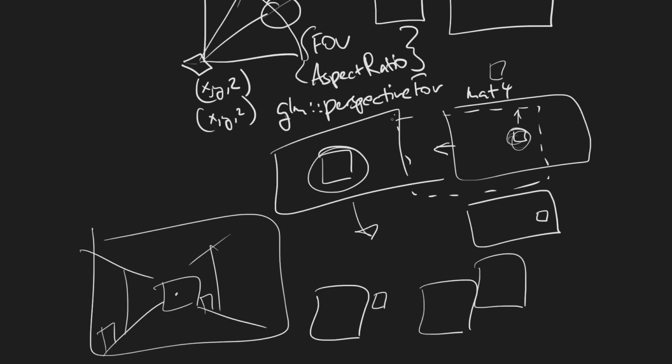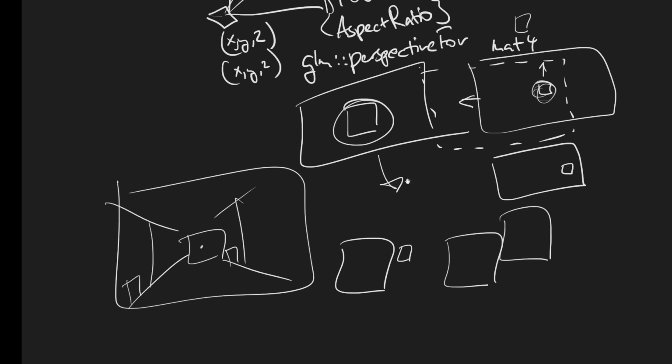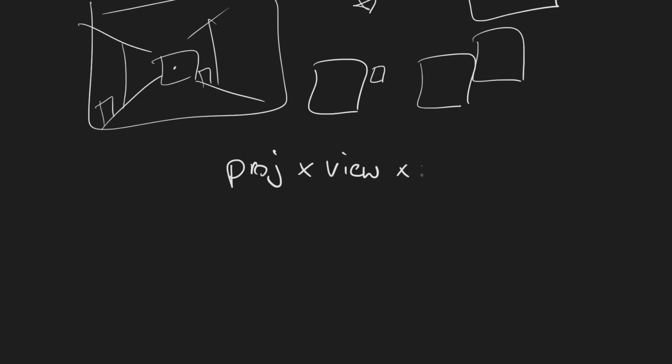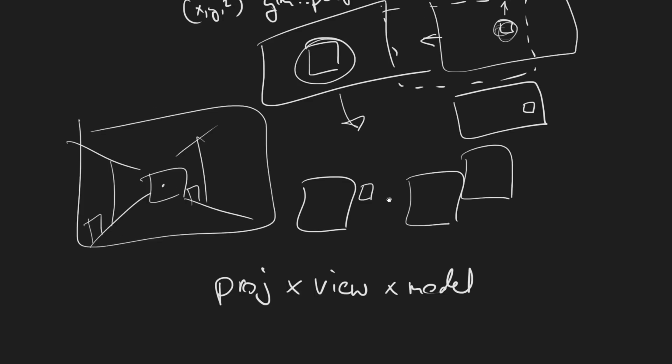And in order to actually figure out where our object should be inside our screen, we need to multiply all of those matrices together. So what we do is we take the perspective matrix, so we have our projection matrix. We multiply that with our view matrix, right? And then we multiply that with our model matrix, which is also known as the world matrix, which is essentially the matrix of our model.